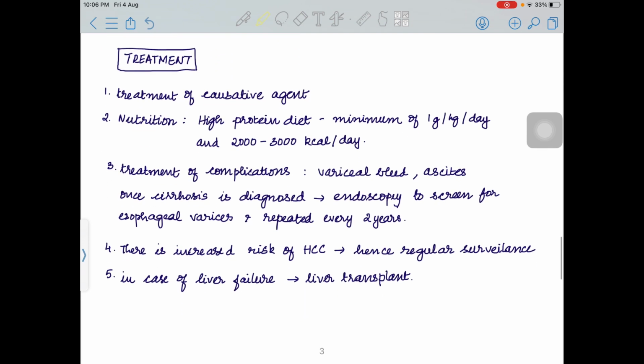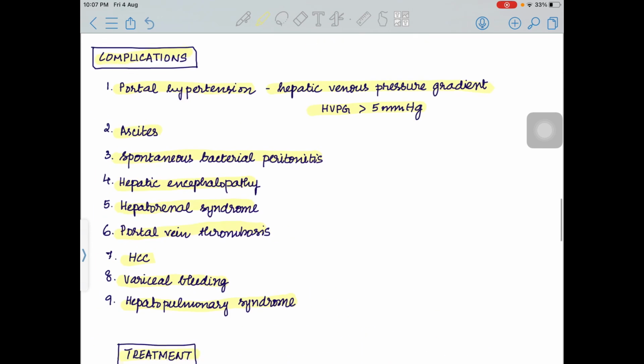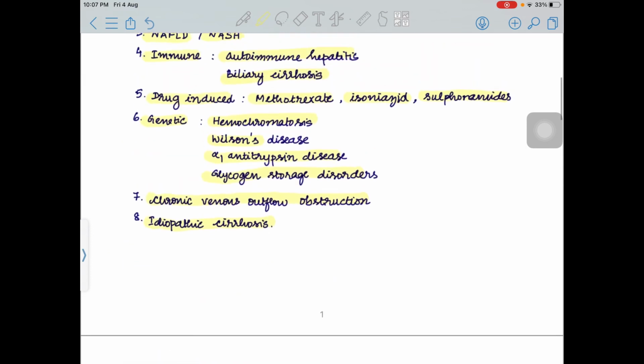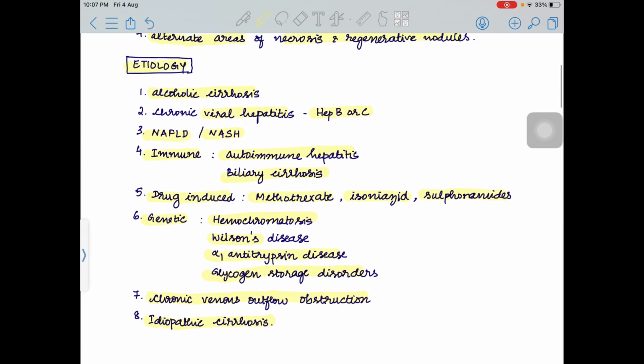Moving on to the treatment of cirrhosis of liver. So the baseline, we have to treat the causative agent. We have already seen in etiology what are the causes of cirrhosis of liver. So the treatment of cirrhosis will be dependent on what the etiology is. If it is because of alcohol, then we have to stop alcohol intake.